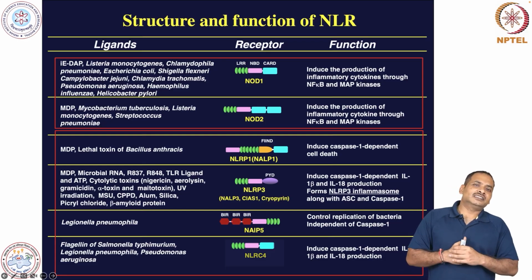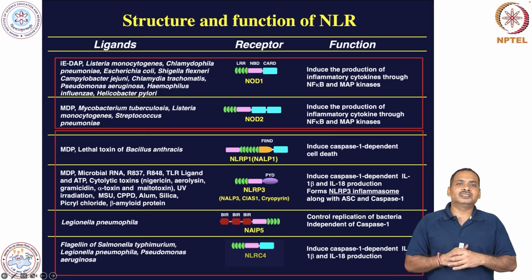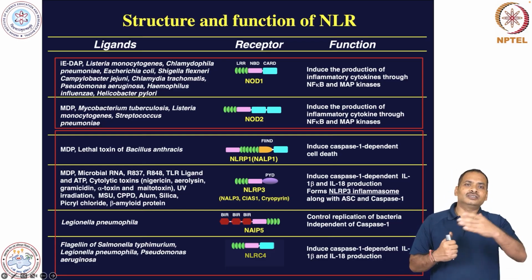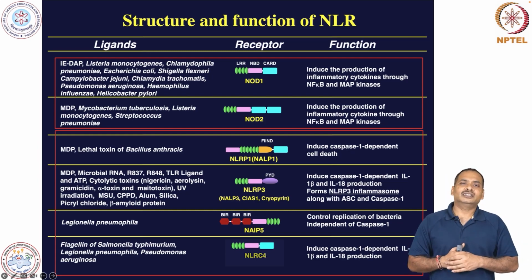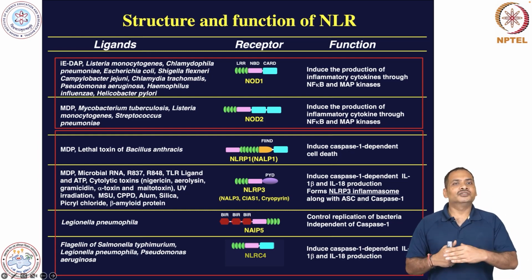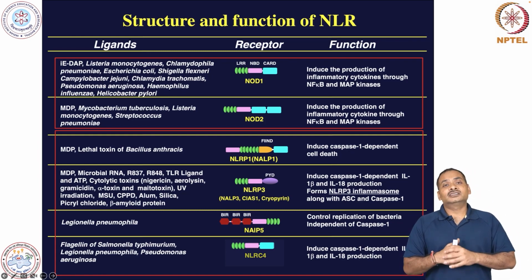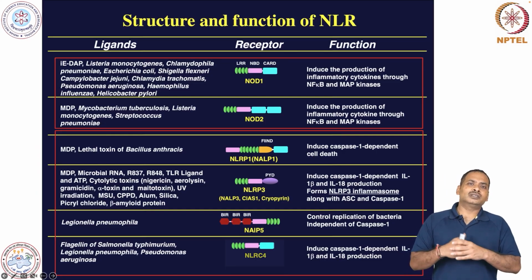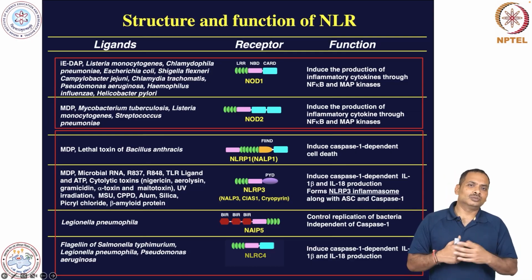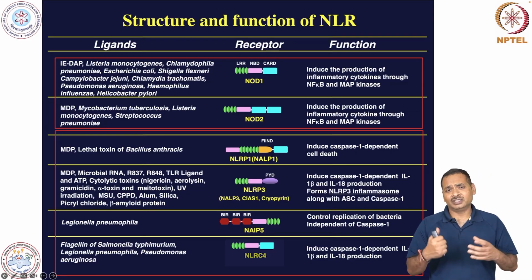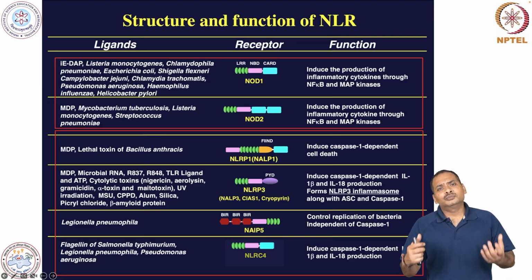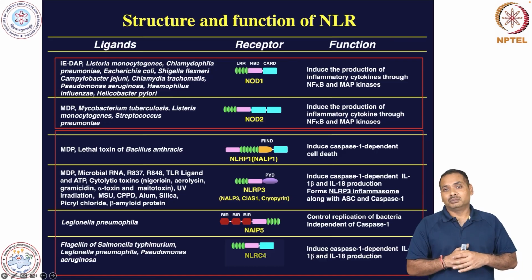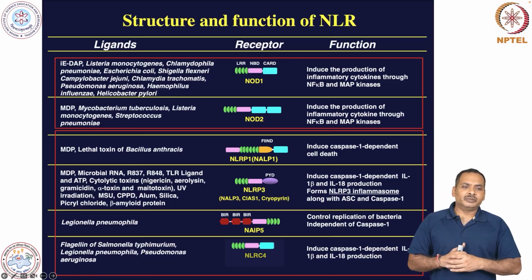If I see the literature, they can sense all kinds of ligands, living, non-living, toxins, and so on and so forth. Our own antigens or our own molecules they can sense, and they will induce production of IL-1 family cytokines. Here I am naming a few of the ligands.